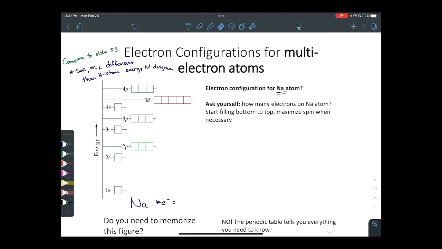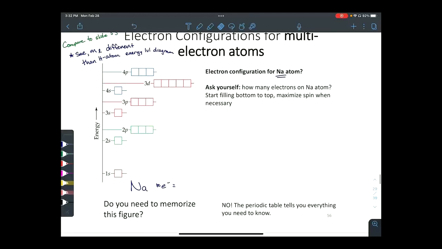There's more protons, there's more interaction. So it really complicates the wave function, the Schrodinger equation, so much that you can't solve it anymore. And so what comes out of it are these little deviations of energy from different subshells within the same energy level. But don't fret, you don't have to memorize what this looks like. Everything you need to know is on the periodic table. Okay, and I will show you.